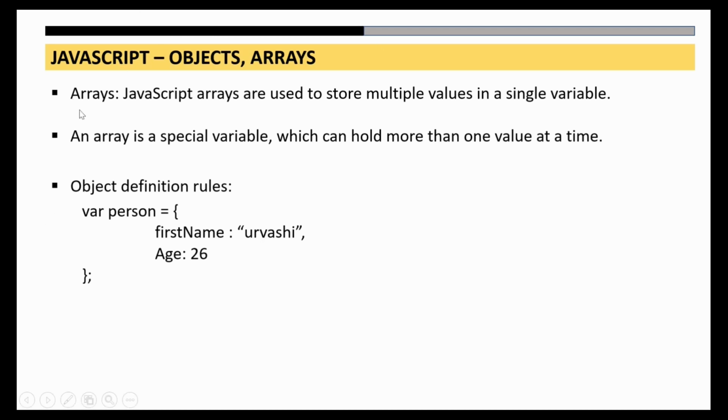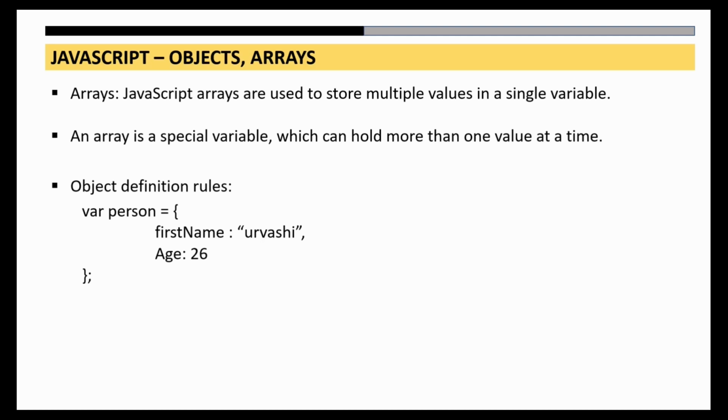Arrays are basically a variable where you can store multiple values. For example, currently we are storing 10, 20, a number data type, in a single variable. Let's say var x equal to 20. Now let's say I have 5 values, that is 10, 20, 30, 40, 50. I can store all of those 5 values in a single variable in the form of an array.